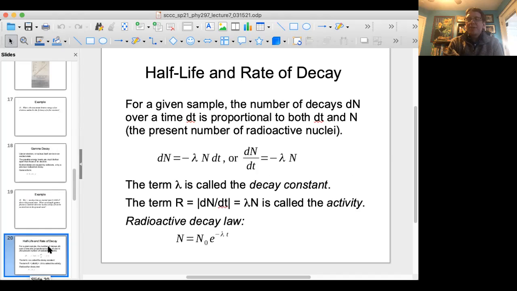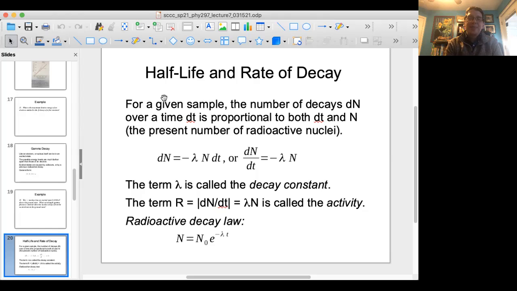And that brings us to the notion of half-life and decay rate. Half-life is the amount of time it takes for half of a radioactive material to decay. We'll talk a little more about that in a minute or two. But now let's talk about decay rate. The number of decays, dN, over a time dt, is proportional to both dt and N itself. So if you double the number of radioactive nuclei in a sample, you'll double the decay rate.